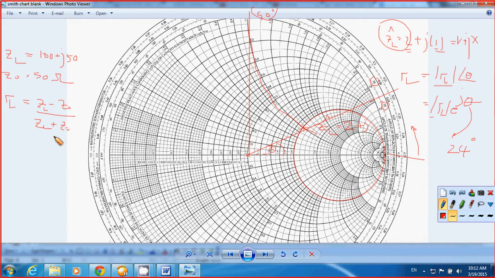Okay, so it starts from 0. This is the magnitude of tau L. That's why we call it the reflection coefficient. So you see that the maximum, this is the vector of your reflection coefficient.